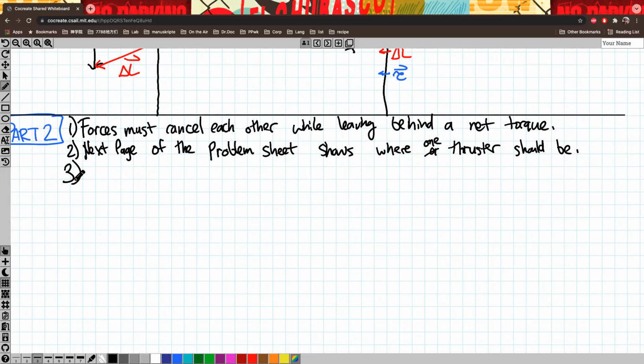With these thrusters, some of them blast continuously, and some of them blast discretely. This discrete pulsed thruster is called a pulsed inductive thruster, also known as a PIT.